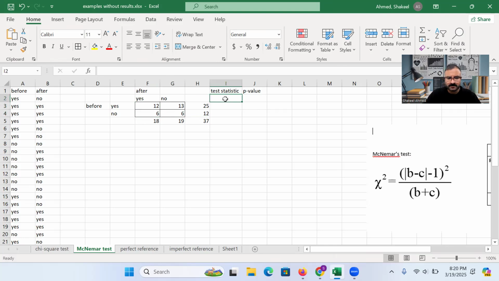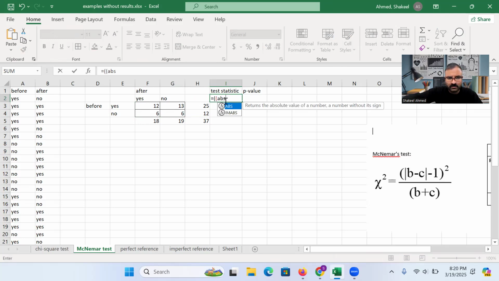So the formula is the chi-square value, the test statistic. You can find chi-square by using the absolute value of B minus C. B is 13 and C is 6, and minus 1, and then square, and then you need to put a bracket outside.